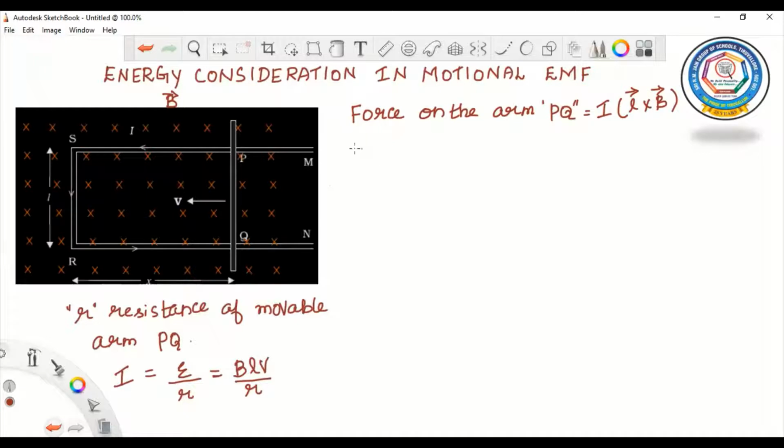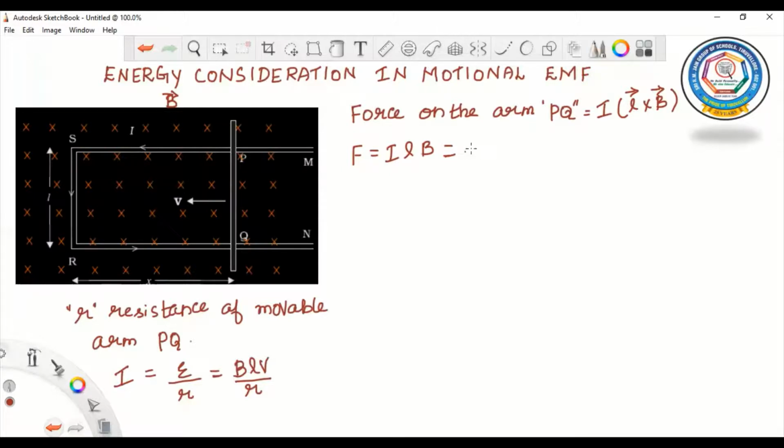Now, let us consider the magnitude of this force. The magnitude of the force F is equal to I L B. And here we are going to substitute the expression for current.